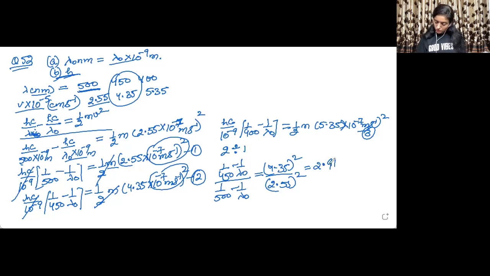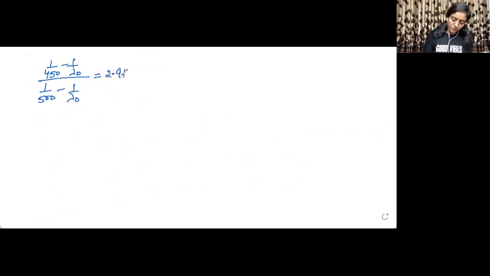So now we can just solve this equation: 1 upon 450 minus 1 upon lambda naught, upon 1 upon 500 minus 1 upon lambda naught, is equal to 2.91. So we can just solve it.